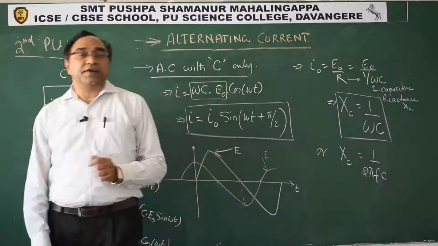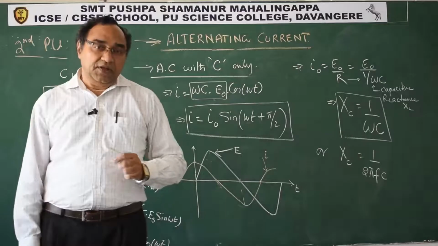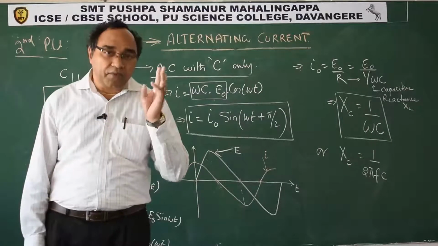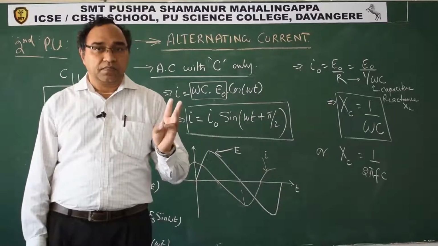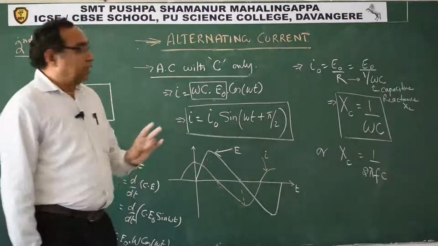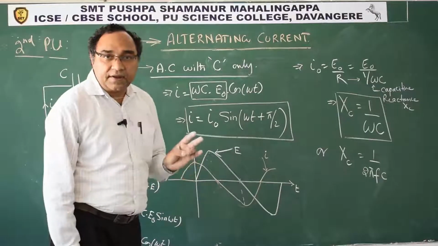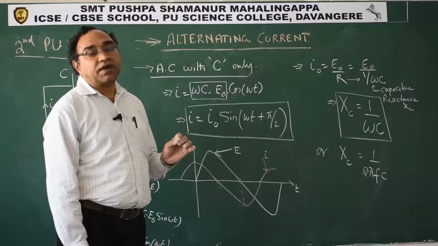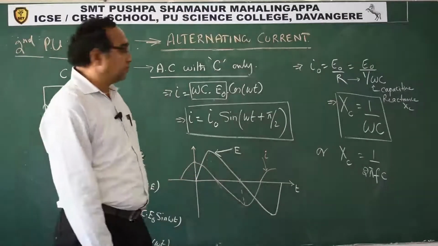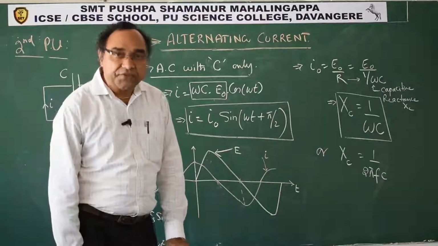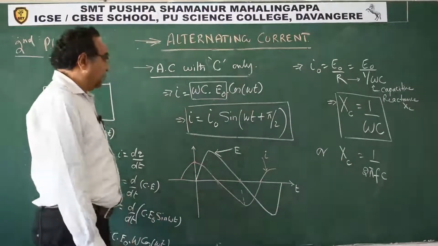That is known as inductive reactance. So inductive reactance is omega L. It depends upon frequency and on the value of L. For a DC circuit, inductive reactance is zero. That is why inductive coils are not used in DC circuits. Power consumed by an ideal inductor is zero in its operation.